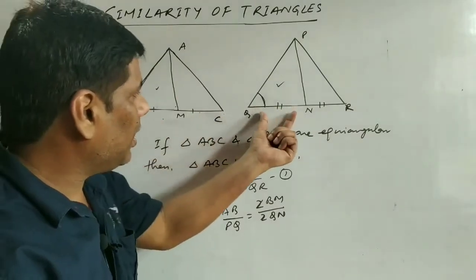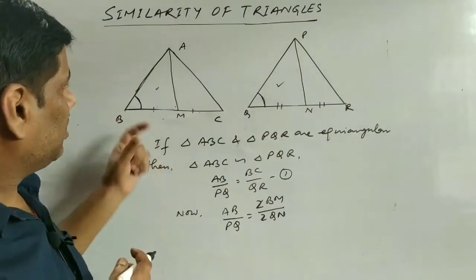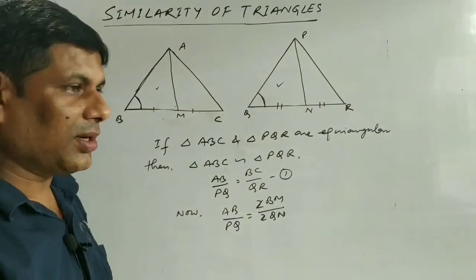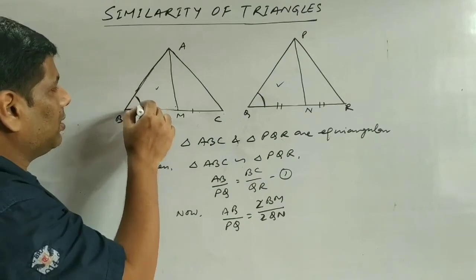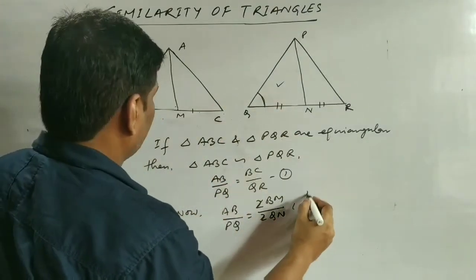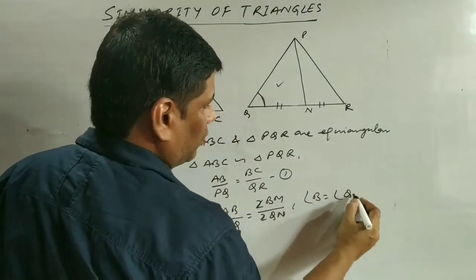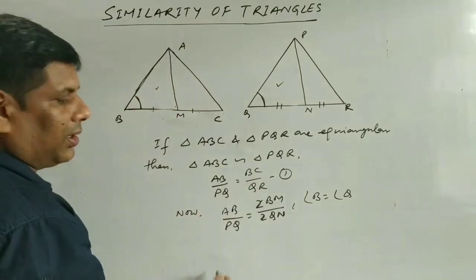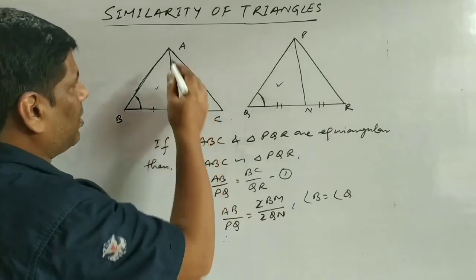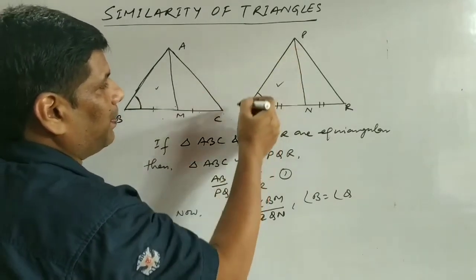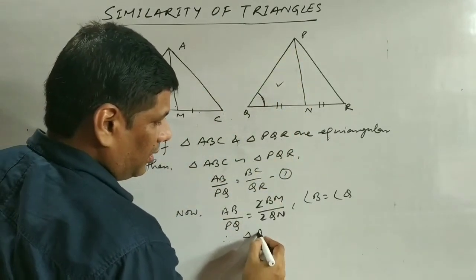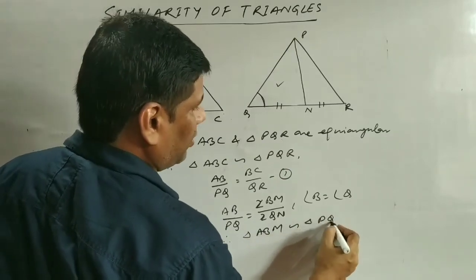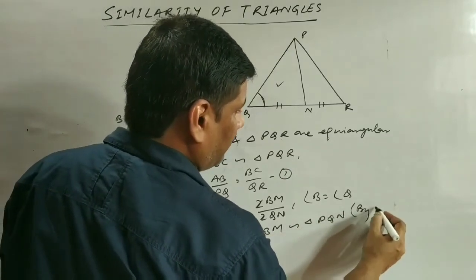And let us see, if the ratio of corresponding sides is equal, and the included angle, this angle equals this angle, angle B equals angle Q. So two sides and the included angle, then triangle ABM is similar to triangle PQN by side angle side similarity.